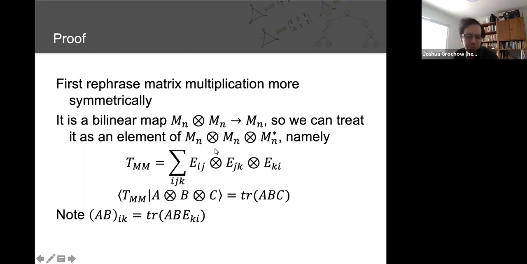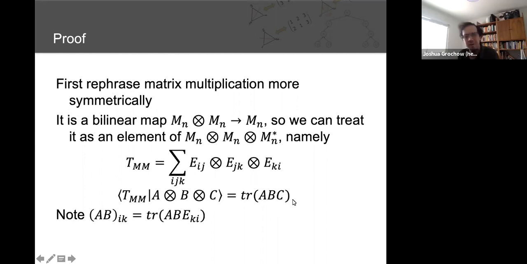Why do I say this is matrix multiplication? Well, if I take 3 matrices A, B, and C, and I look at A tensor B tensor C, and I dot it with this tensor, this term picks out the ij entry of A, the jk entry of B, and the ki entry of C, and multiplies them together. And when I sum over those, what I get is just the trace of ABC.